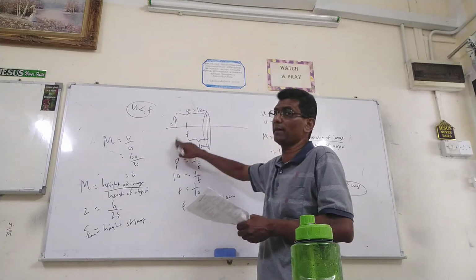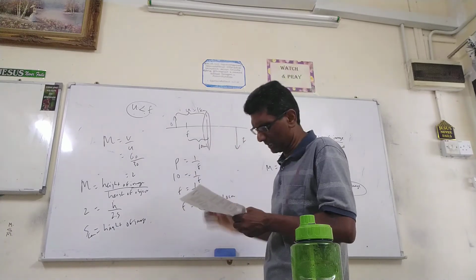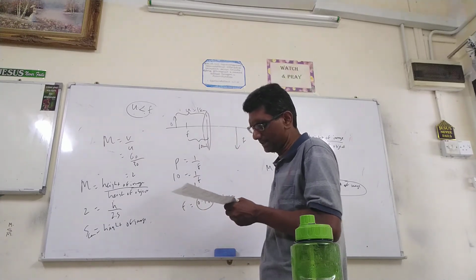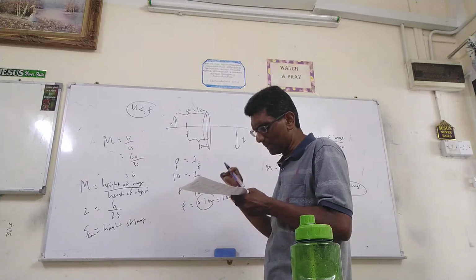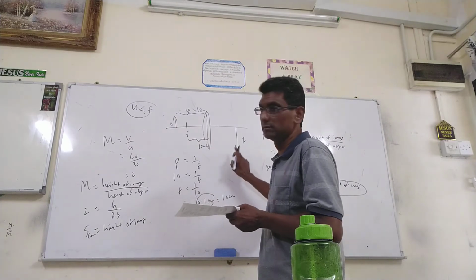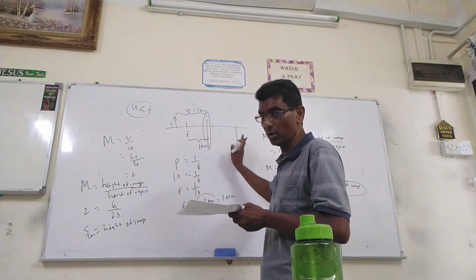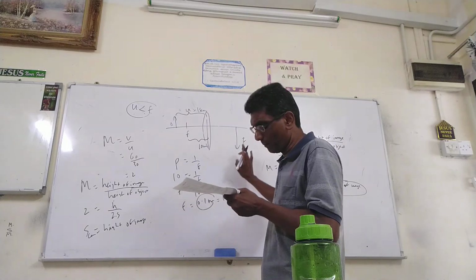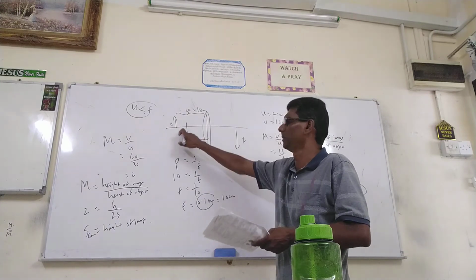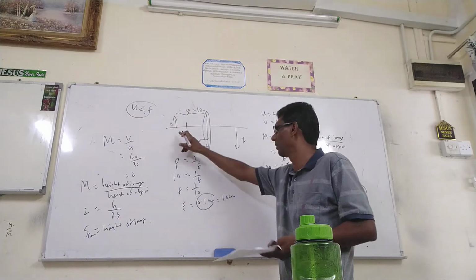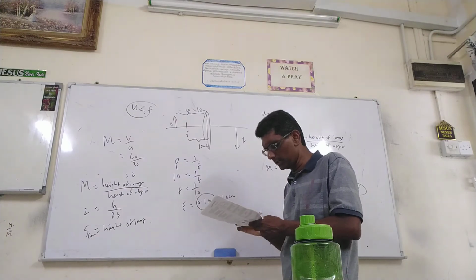More than f means the image is inverted and on the other side of the lens. The image is real, inverted, on the other side of the lens, and the magnification is more than 1, bigger than 1, like 1.5 or 2 or 3. So the answer is C.